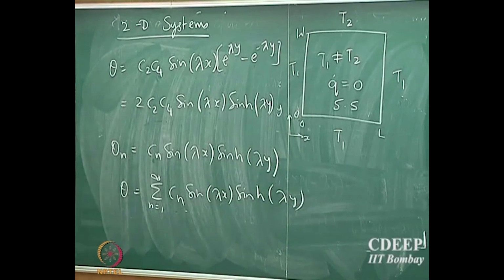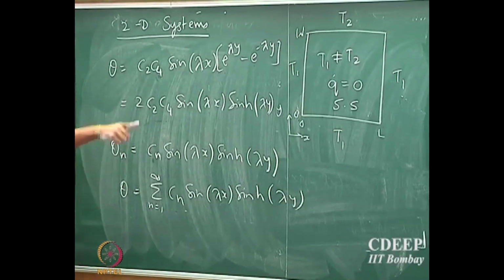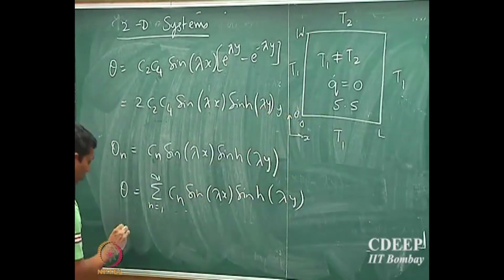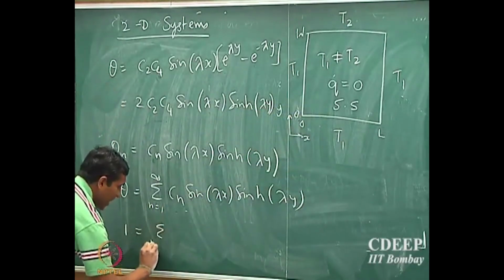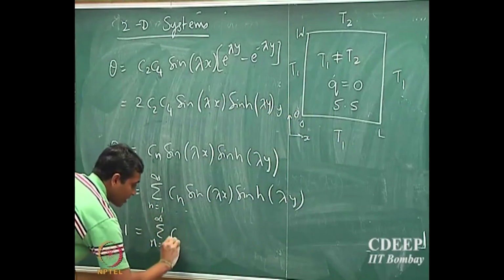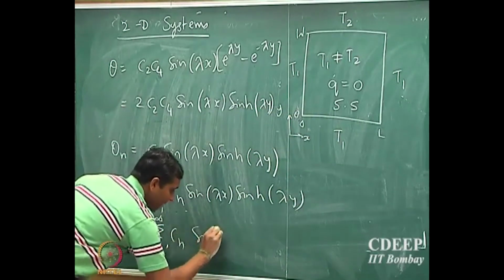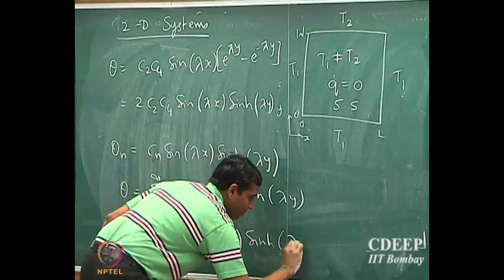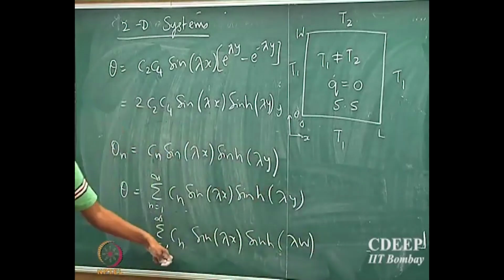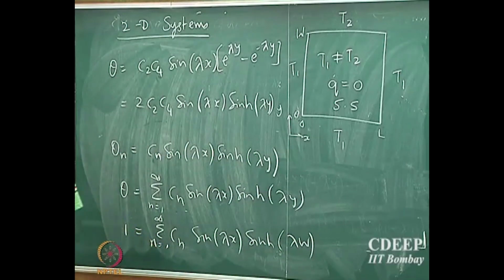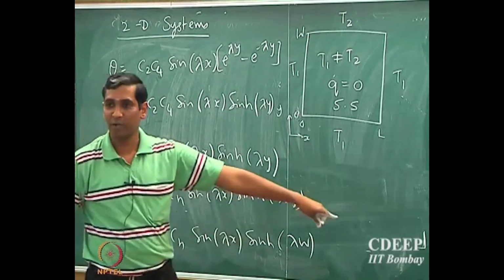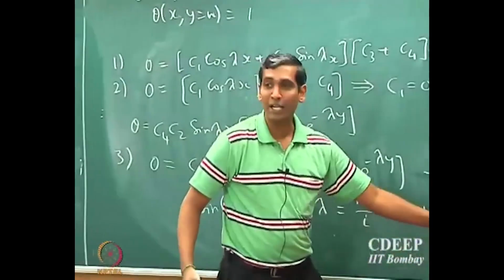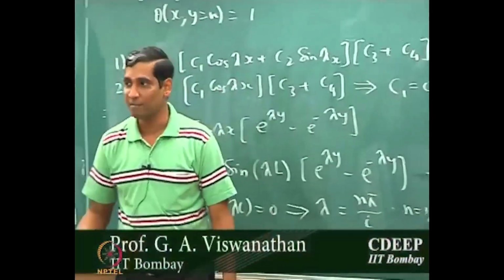No, it's actually both. So when you plug in the fourth boundary condition, where y equals w, so 1 equals the sum n equals 1 to infinity of Cn sine lambda x into sine hyperbolic lambda w. So you still have to find Cn. So you use the property of the eigenfunctions. All the eigenfunctions for individual values of n are orthogonal to each other.